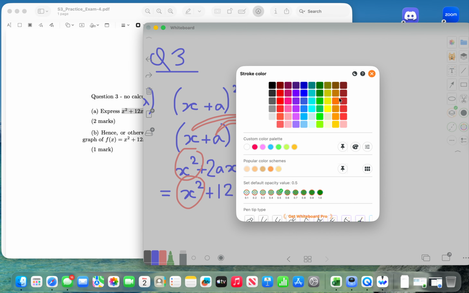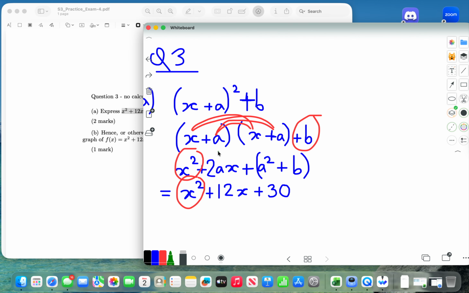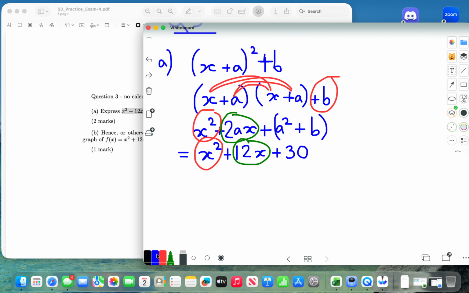If you have a look at these, the green one is the only term in x in the first expression, and in the second expression the only one is the 12x. These must be equal.